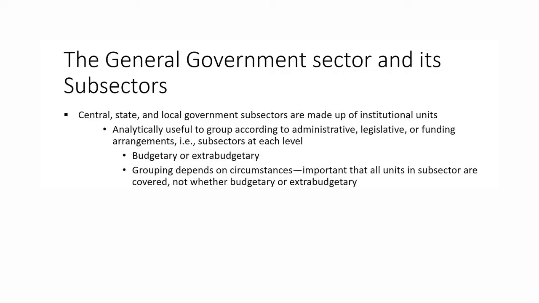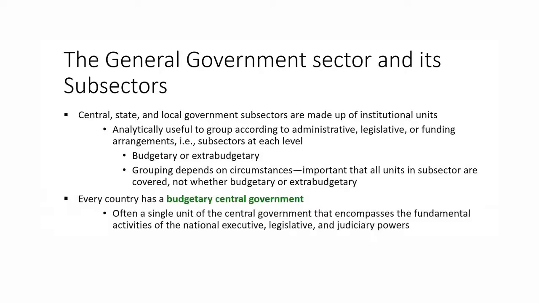The budget is a good criterion. And the groupings depend also on several circumstances. But it's important that all units and subsectors are covered, whether budgetary or extra budgetary. They should be included in the general government. This is important, so that nothing is missing. Even if it's not in the correct box, it's okay, but it should be included in general government.